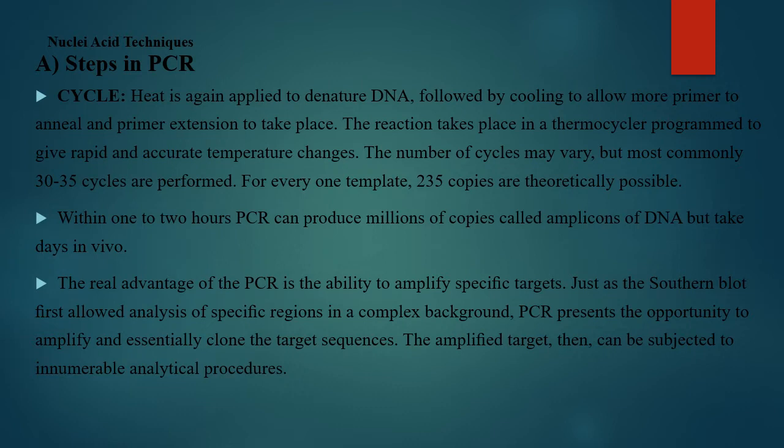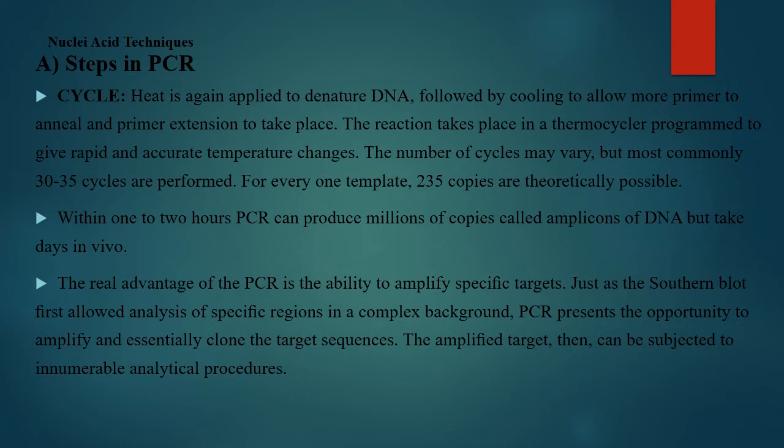It is programmed to give rapid and accurate temperature changes because the PCR procedure is a chain reaction. That is the name, polymerase chain reaction. So the DNA polymerase action occurs in a chain. It produces to the end, and it starts the process again: denature, anneal, extend.